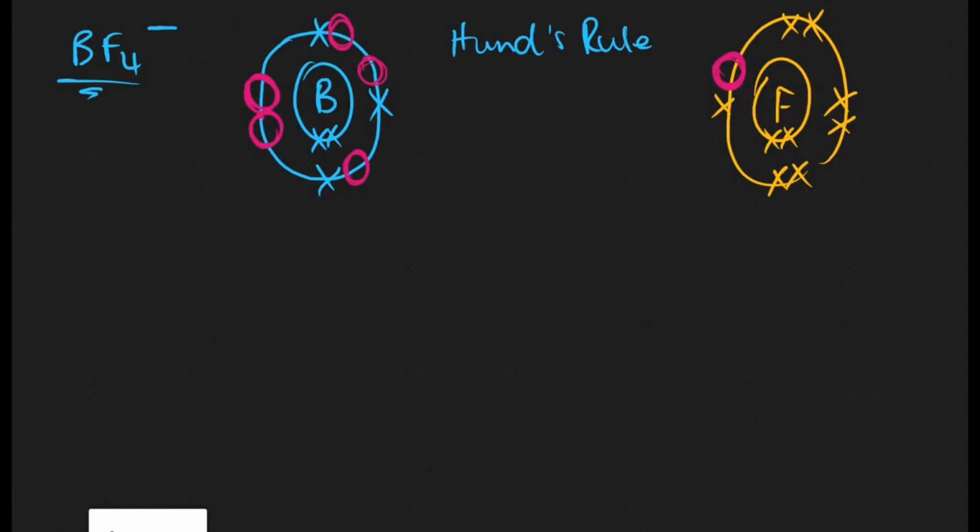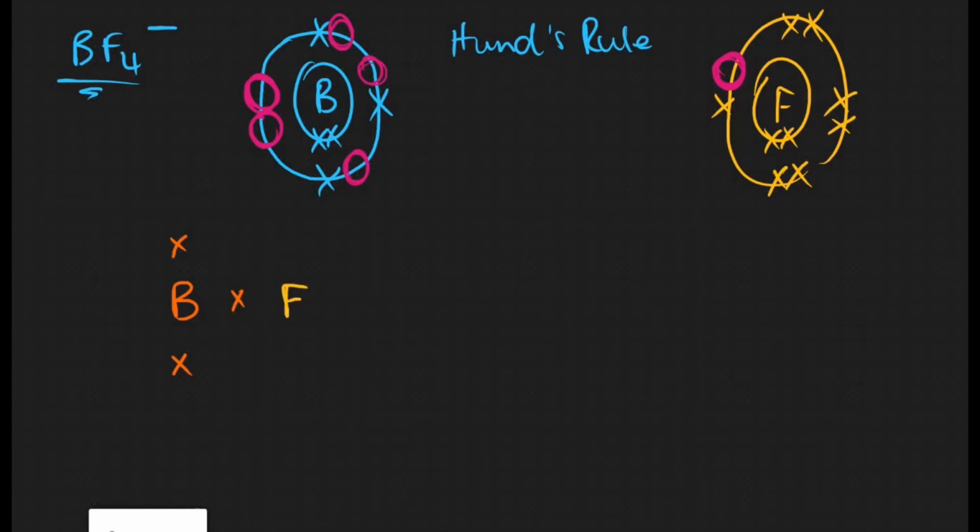So if we were supposed to draw the Lewis structure for boron tetrafluoride, we draw the boron atom and indicate the valence electrons available, which we know would be 3, and we have space to accommodate 2 there. And if we attach 4 fluorine atoms to it, we'll deal with 3 first. Let me go back to the yellow.